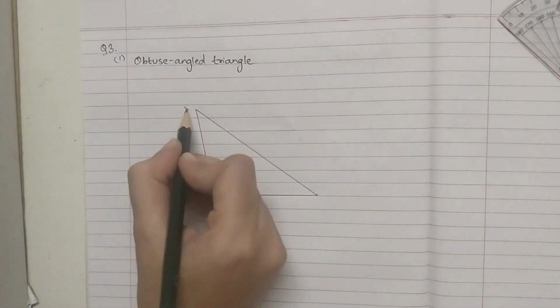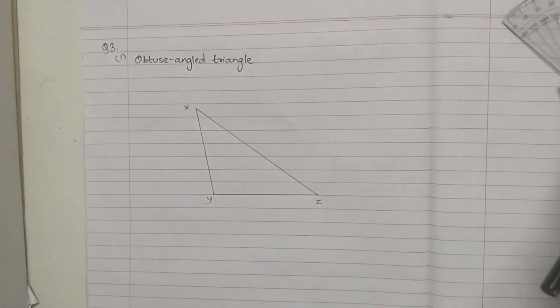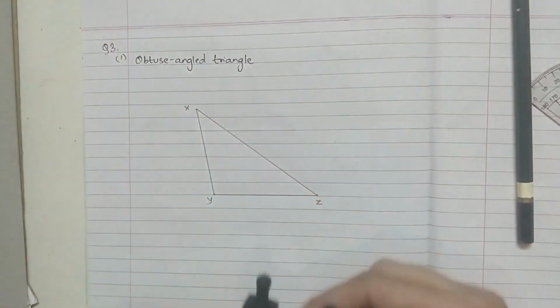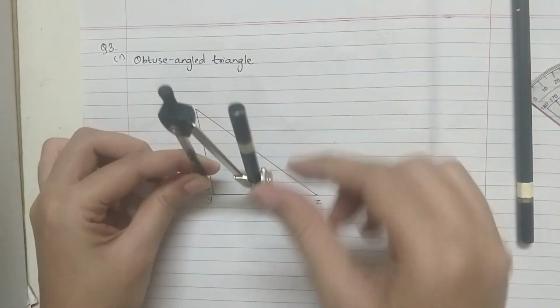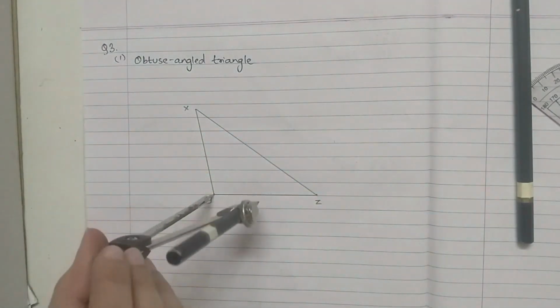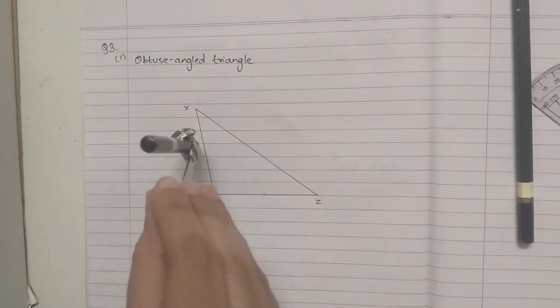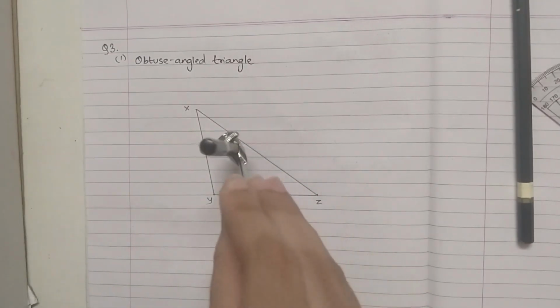If we read the question carefully, we see the word angle bisector, which means we are supposed to bisect the angles and not the sides. I have already labeled the triangle. This triangle has 3 angles, so I am going to bisect the angles one by one.